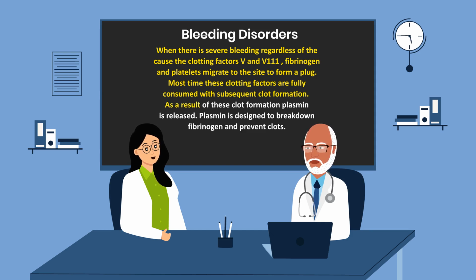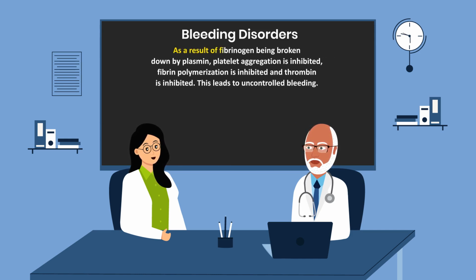As a result of this clot formation, plasmin is released. Plasmin is designed to break down fibrinogen and prevent clots. As a result of fibrinogen being broken down by plasmin, platelet aggregation is inhibited. Fibrin polymerization is inhibited, and thrombin is inhibited. This leads to uncontrolled bleeding.